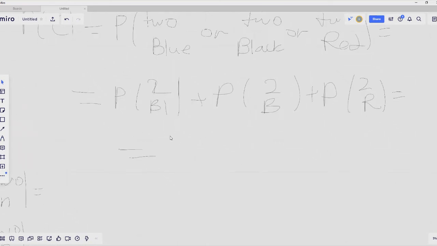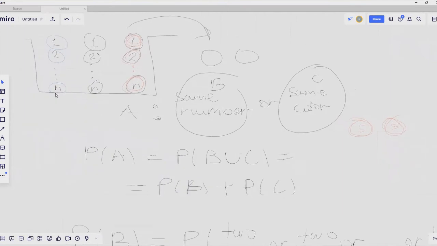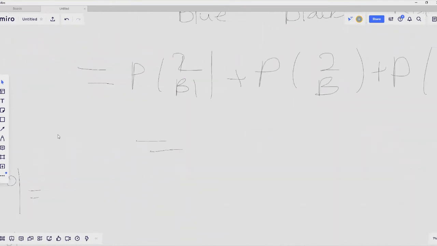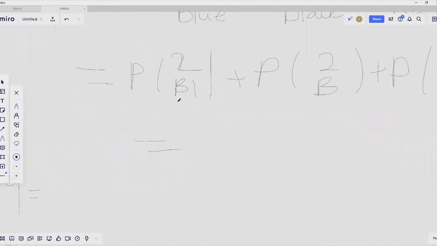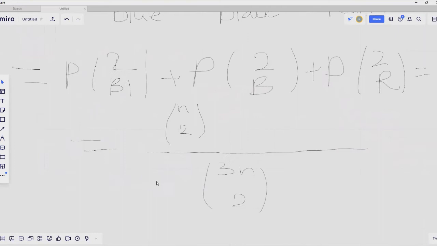Now, let's find the probability of drawing two blue chips. So there are n blue chips in our urn here. So the total number of ways we can perform the operation of drawing two blue chips is given as n choose 2. Then the total number of ways we can perform an operation of drawing two chips out of 3n is given as 3n choose 2. Now these all are going to have the same denominator. Plus the probability of drawing two black chips. This is black, this is blue.